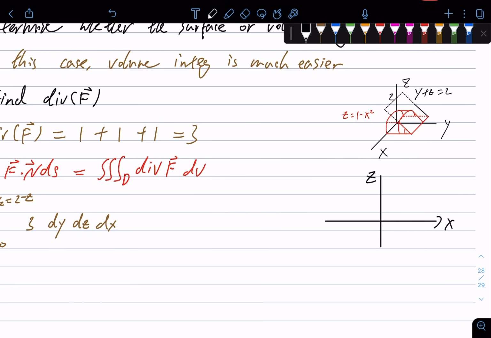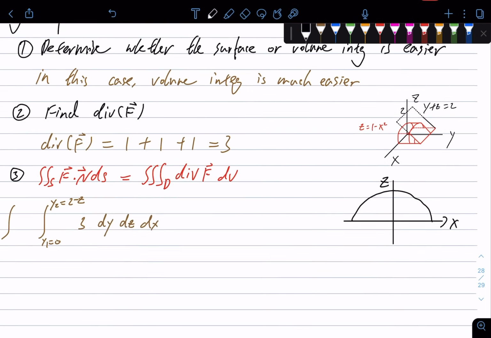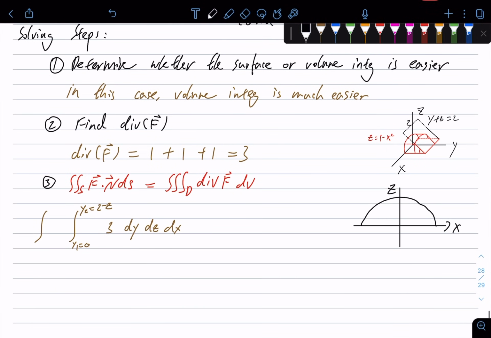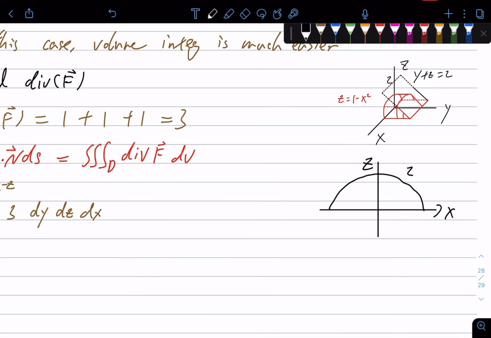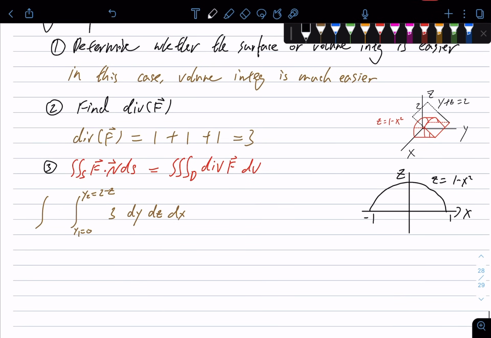It's just going to look like a parabola, right? So it's going to look like a parabola above the x-axis, because z should always be greater than 0. So z equals 1 minus x squared, and this is from negative 1 to 1. So we're going to have z1 equals 0, the lower bound of z, this line, and then the upper bound is always bounded by this parabola, so z2 equals 1 minus x squared.